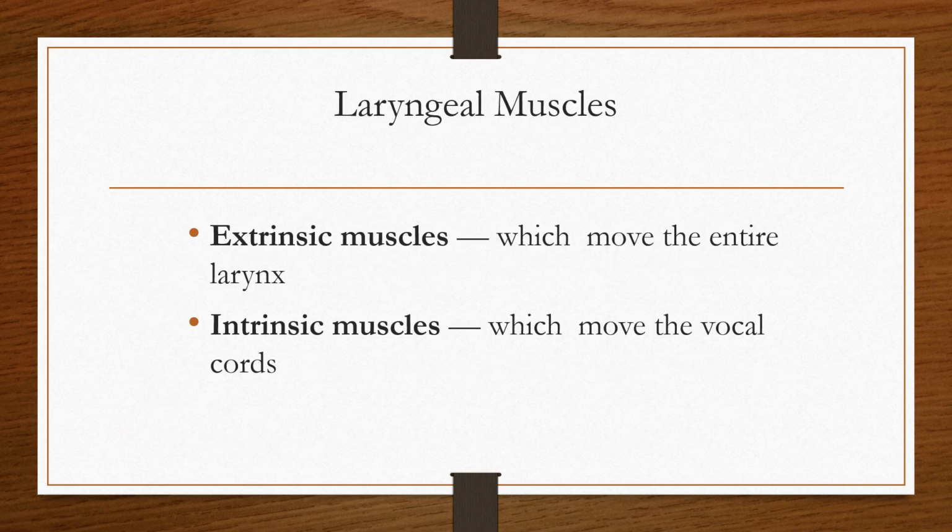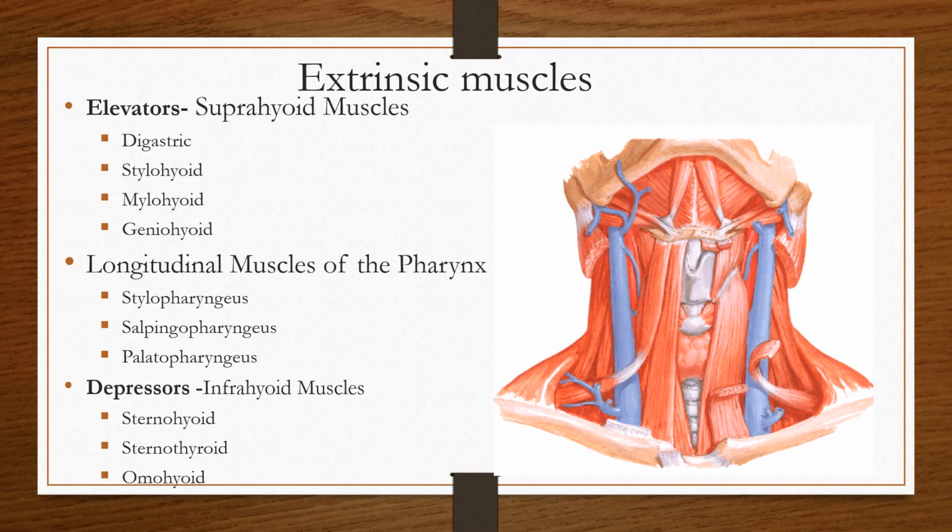Coming to the muscles, as we said, we have seen the intrinsic muscles which move the vocal cords. What are the extrinsic muscles which move the entire larynx? These are mainly the elevators of the larynx and the depressors. Elevators are the suprahyoid muscles. Here in this diagram you can see the digastric muscle, then the stylohyoid muscle, the mylohyoid muscle, which is the oral diaphragm, and another muscle, geniohyoid.